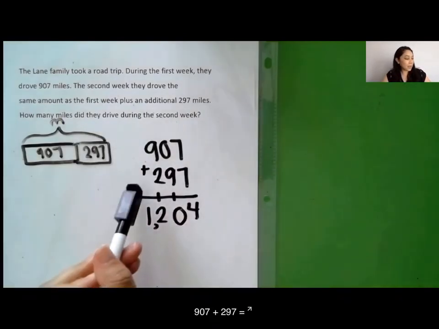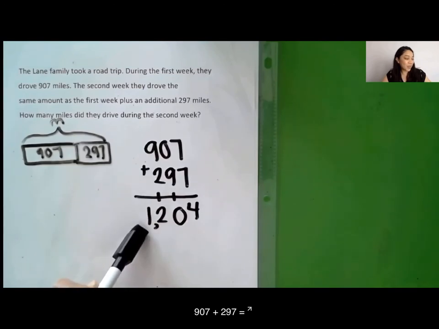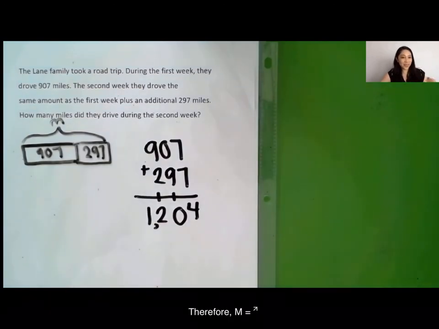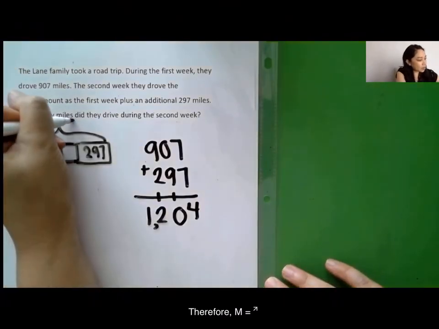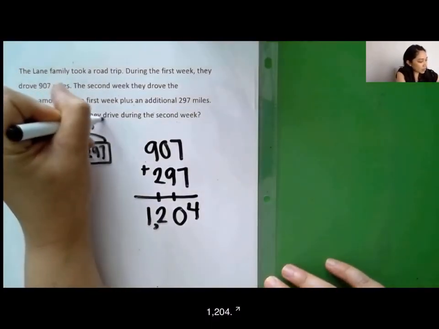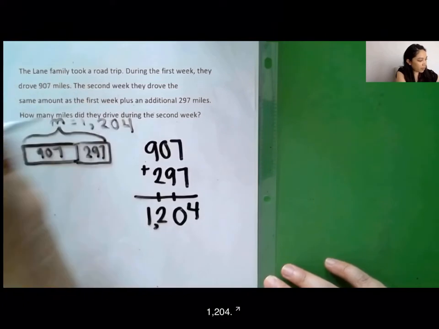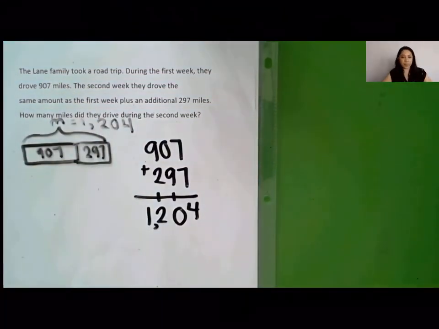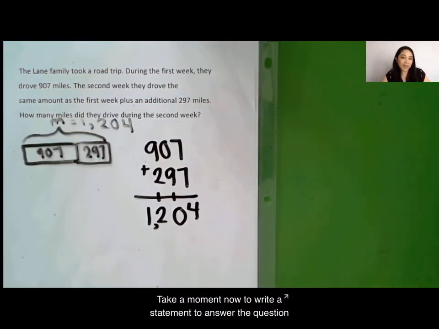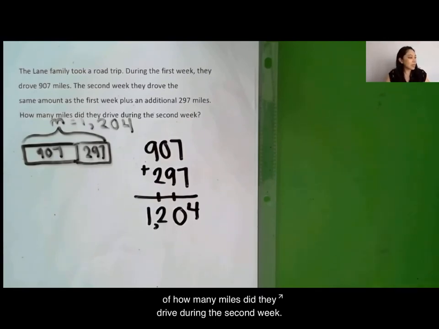907 plus 297 equals 1,204. Therefore, m equals 1,204. Take a moment now to write a statement to answer the question of how many miles did they drive during the second week.